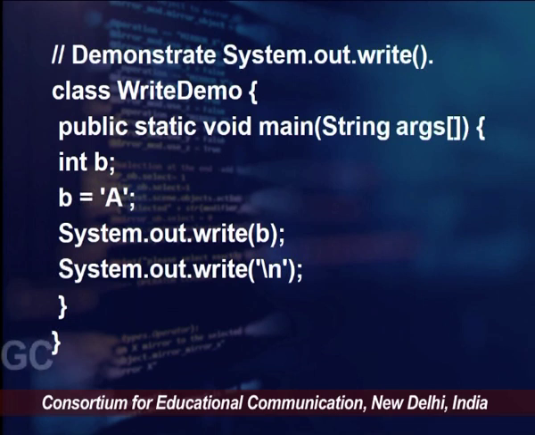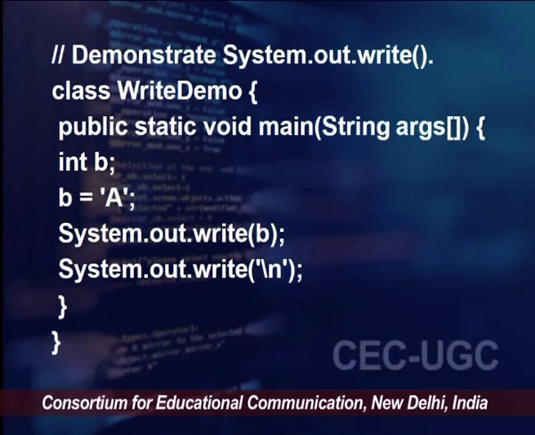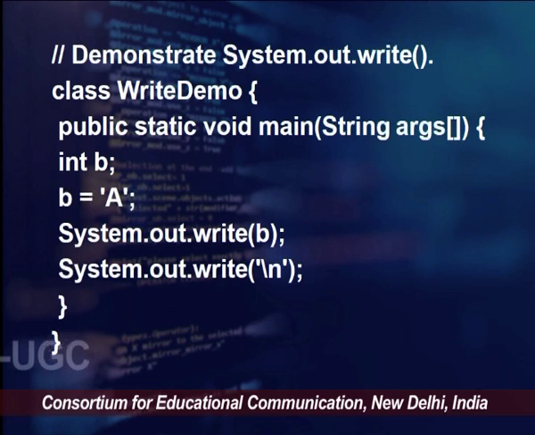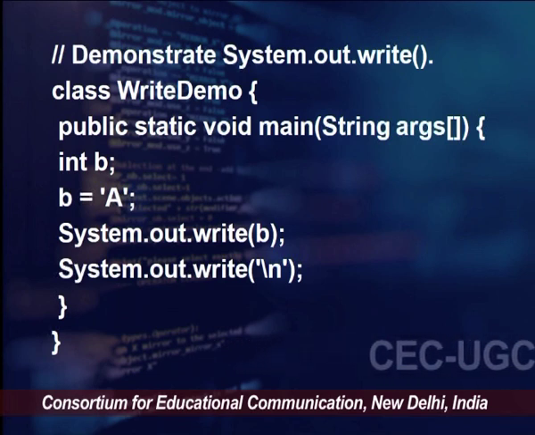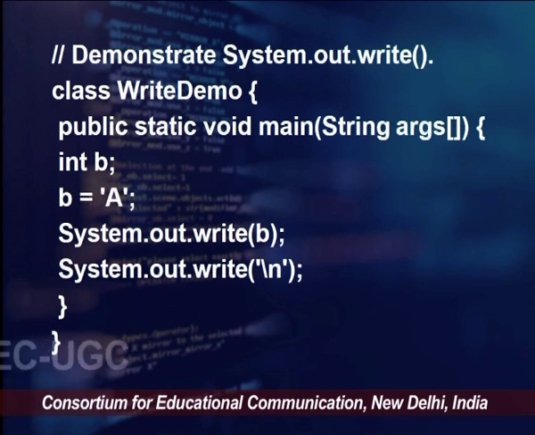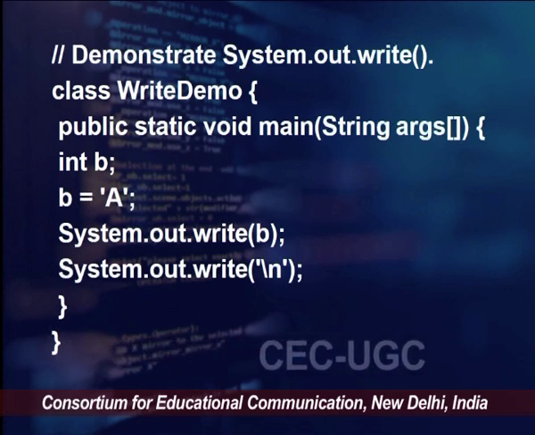Now, in order to see the usage of System.out.write, let us see this with the help of a program. Here we have class WriteDemo, and then our main method, which is public static void main(String args[]). Then int b, and within b we are going to store the capital A as a character.